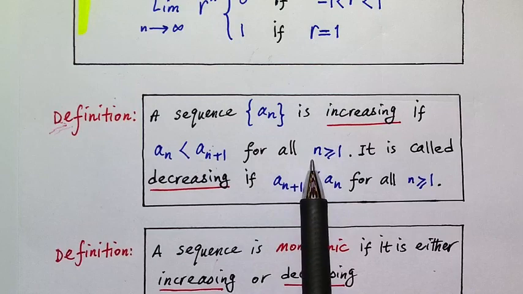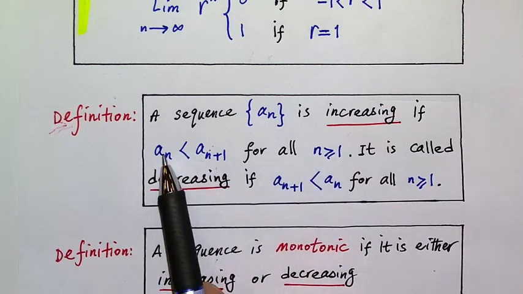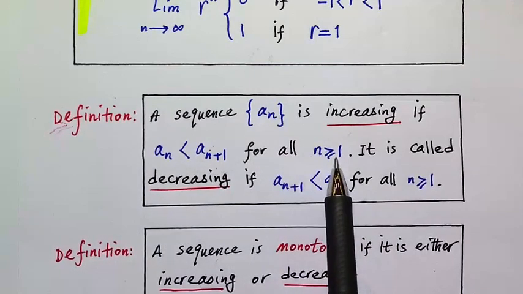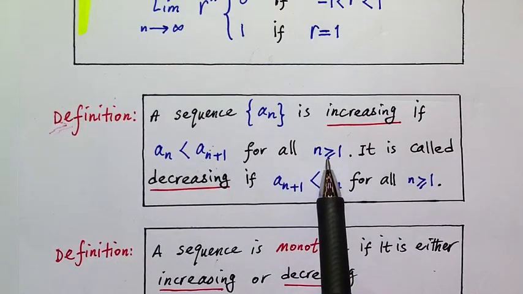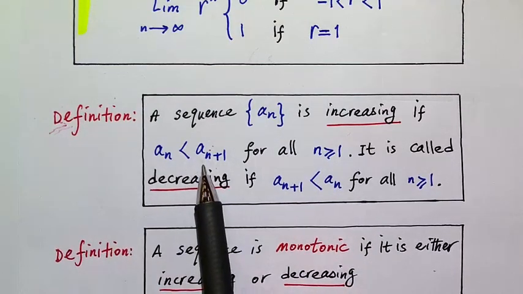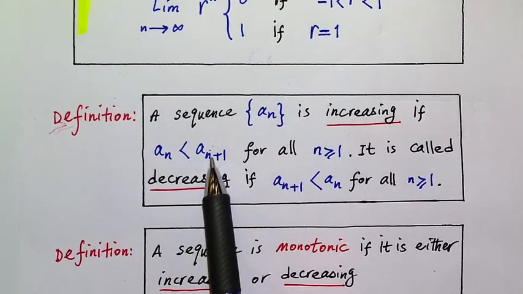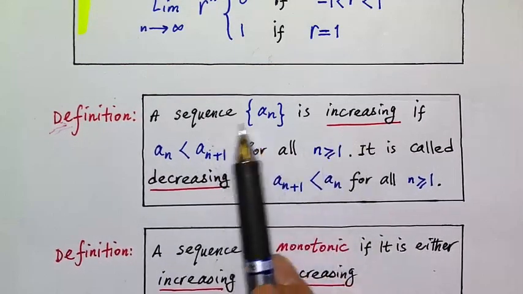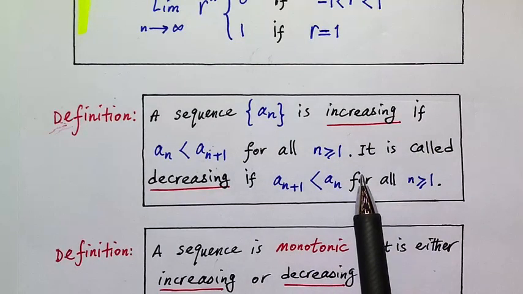So n refers to the order in which that number appears in a sequence. This means that if for any two terms in the sequence the next term is bigger than the previous one, then you can conclude that the sequence is an increasing sequence.